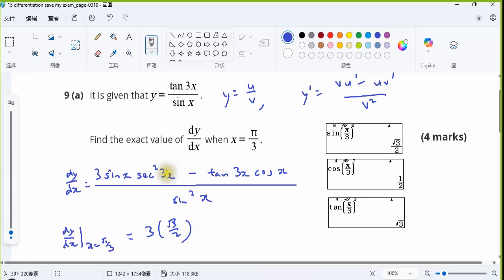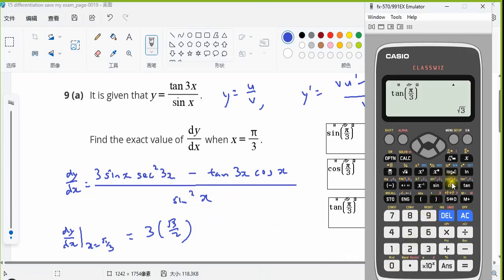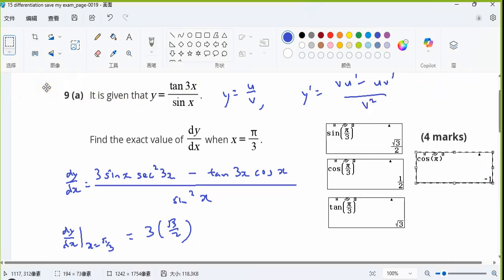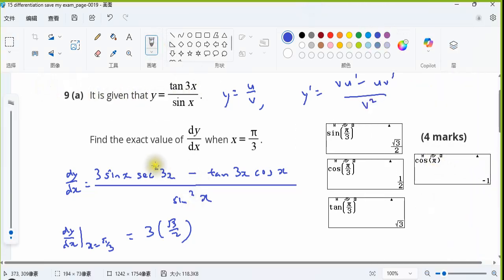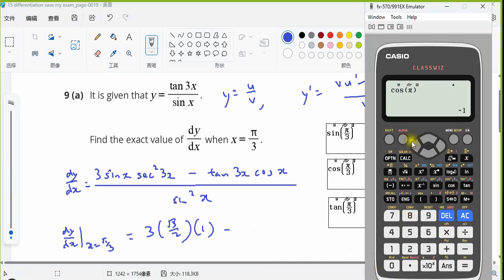So cos pi is negative 1. So 1 over negative 1 squared is 1, minus tangent pi.